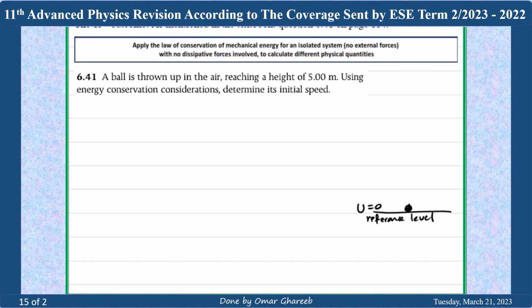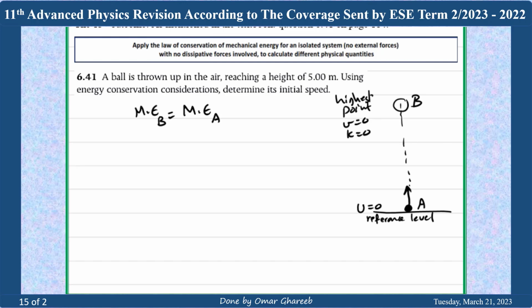Now we throw the ball upward, it will reach a highest point, and the meaning of highest point is v equals 0 and kinetic energy equals 0. Name the first point as A and the second as B. Now the mechanical energy at B equals the mechanical energy, sorry, at A. The mechanical energy is kinetic plus potential for A and B.